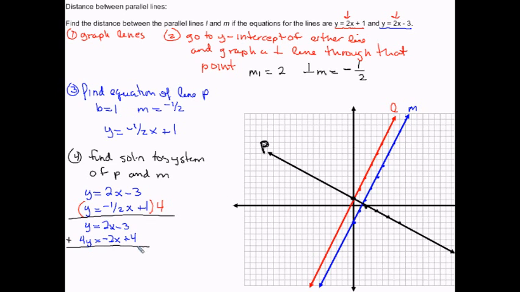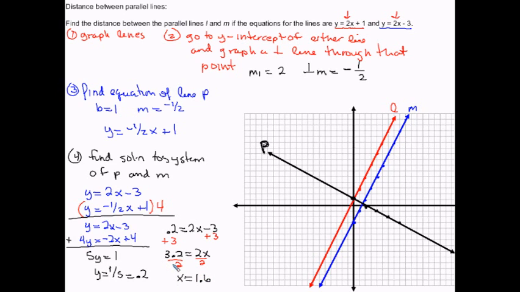I'll add those together, and I'll get 5y is equal to 1, so y is equal to 1/5, which is 0.2 if you want to use decimals. And if I plug that in, I get 0.2 is equal to 2x minus 3. Add 3 to both sides, and you get 3.2 is equal to 2x. Divide both sides by 2, and you have x is equal to 1.6.